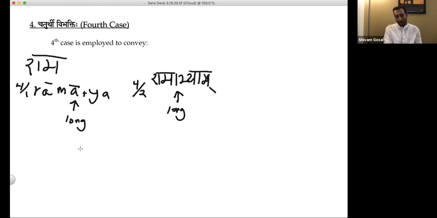So Ramabhyam. You need to get that long letter. Just emphasize it right now. Even though it's not as long, make it a little longer so you remember that. Ramabhyam.